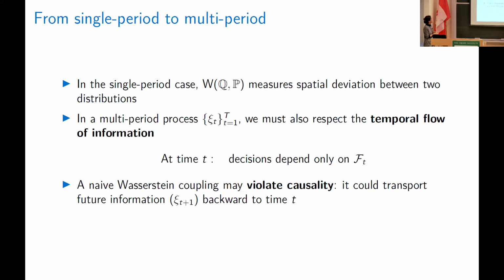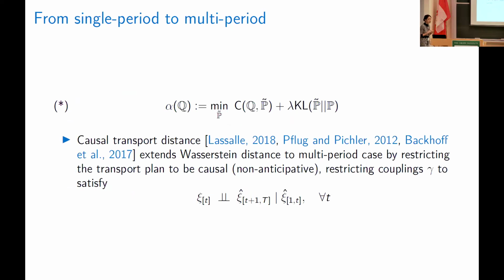If we just replace it with the Wasserstein distance for this process, it may violate such causality, because it could transport the future information backward to the current decision time t, right? The previous materials have already given you some idea how we should deal with this causality, which leads to the causal transport distance.